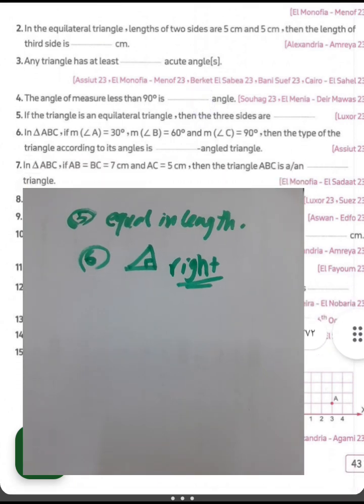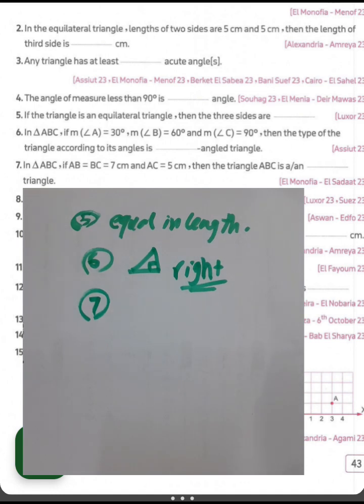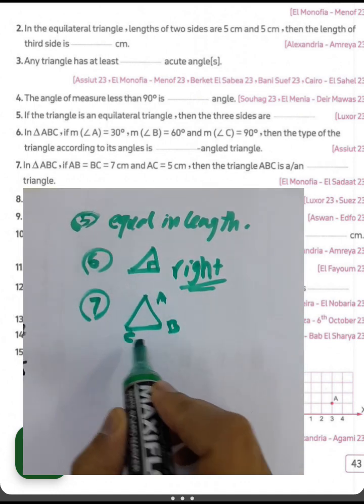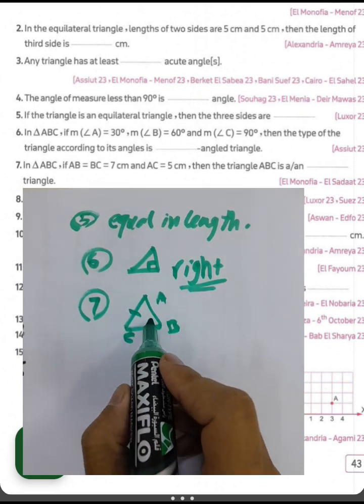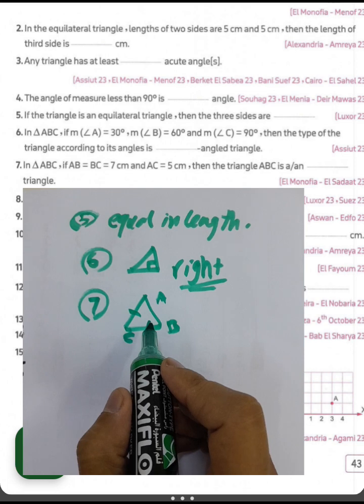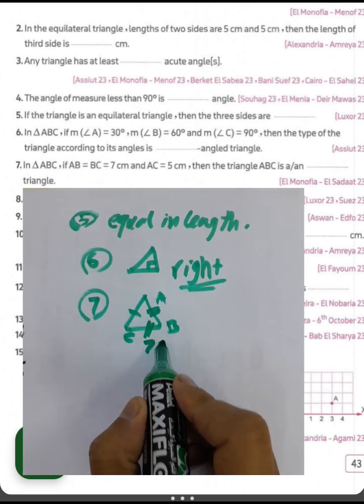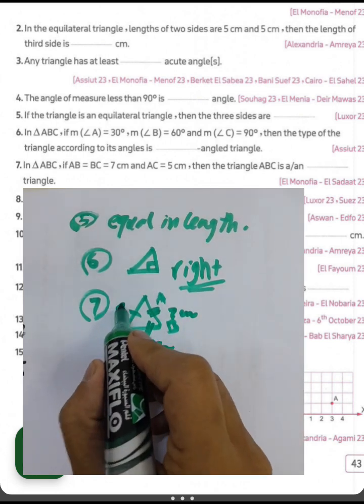Question number 7. In triangle ABC, AB equals BC equals 7 centimeters, and AC is 5 centimeters.